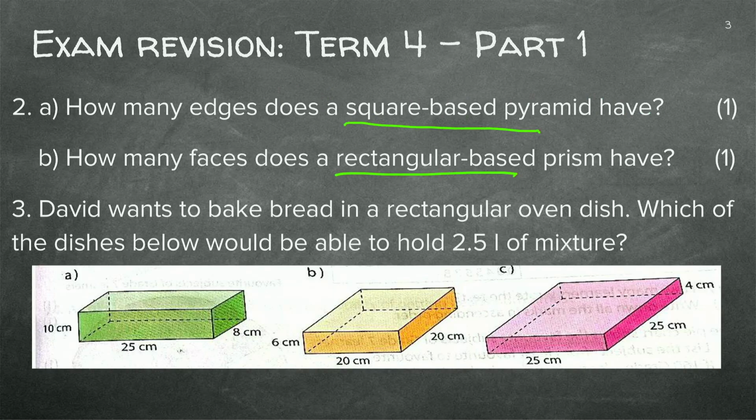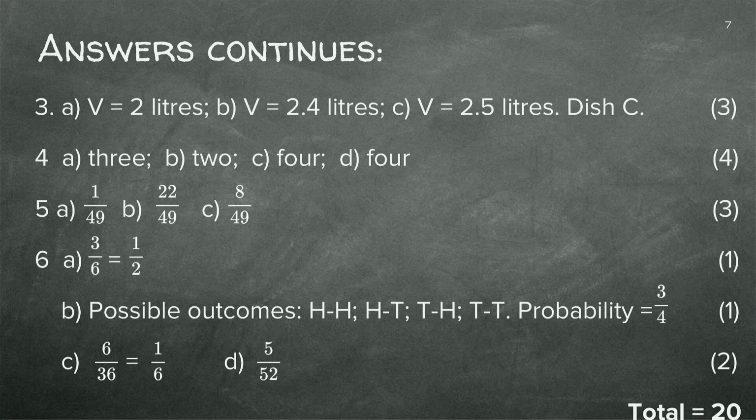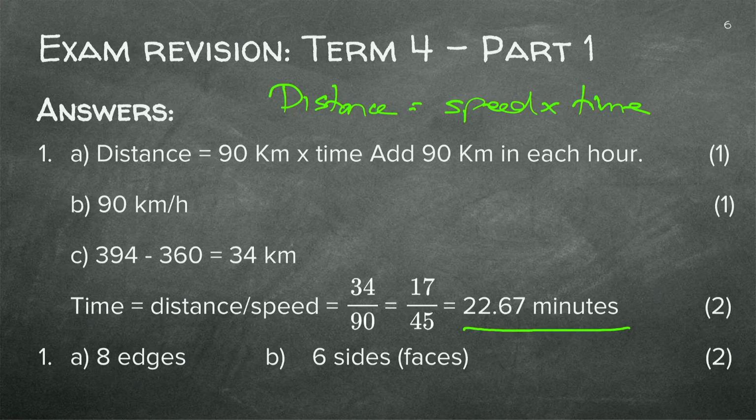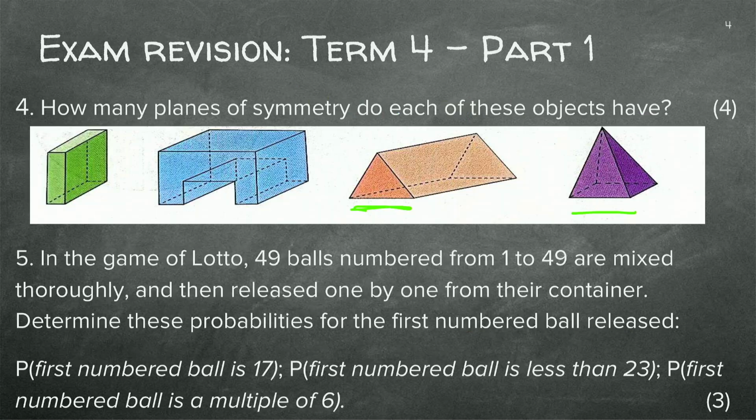Then the question was on the edges and faces of a square-based pyramid and a rectangular-based prism. So again, I hope you managed to do this one. We said that, let me just get to the answer. It's got 8 edges, a square-based pyramid, and you can check it there. There's our square-based pyramid.